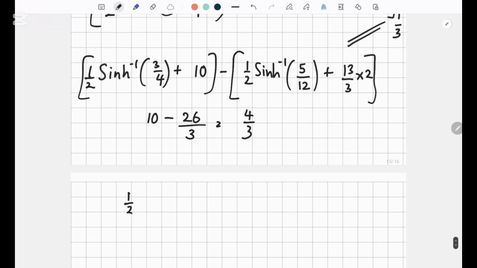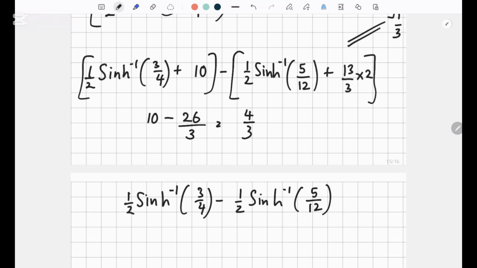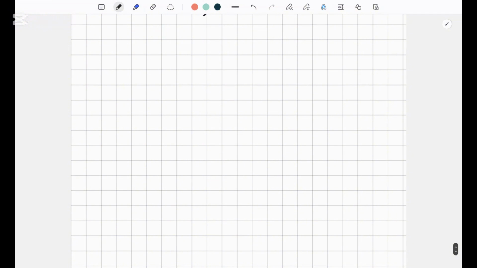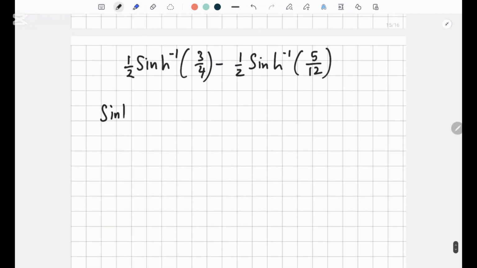And we have half sinh inverse 3 over 4 minus half sinh inverse 5 over 12. And you should know sinh inverse x is ln of x plus root x squared plus 1.